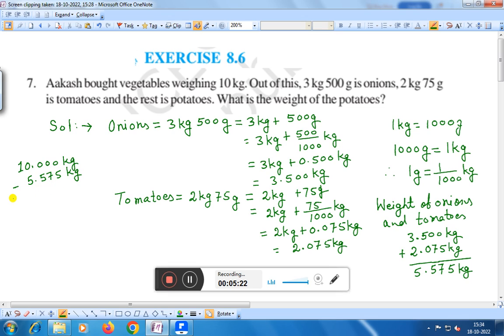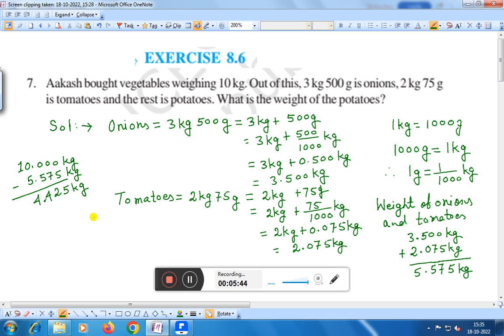If we subtract it, we are getting 4.425 kg.